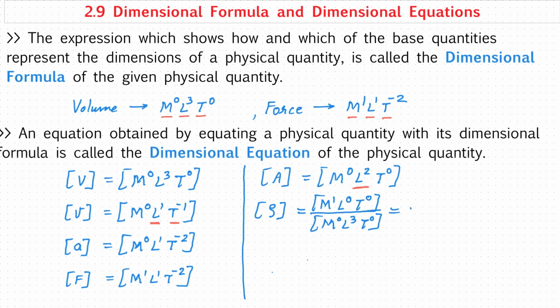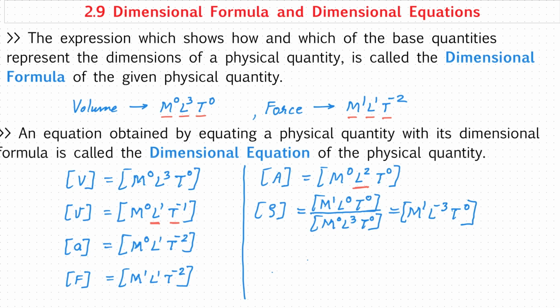Solving this, we will get [M1 L minus 3 T0]. So this becomes the dimensional equation of density.